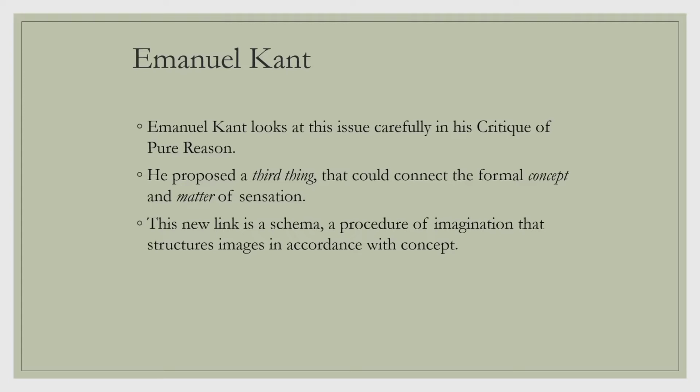And this third thing is a sort of schema. What is the nature of this particular third element? He says it is a procedure of imagination that structures images in accordance with the concept. This is the fundamental aspect.